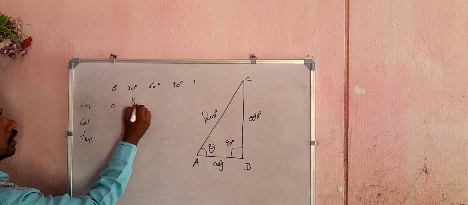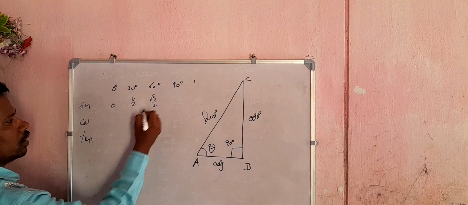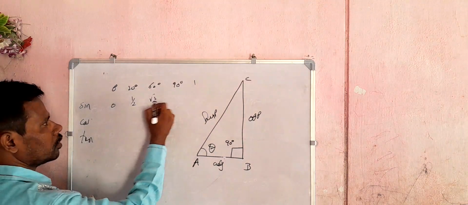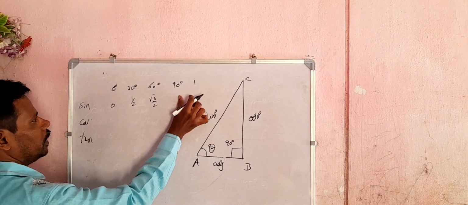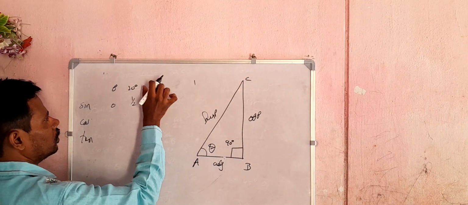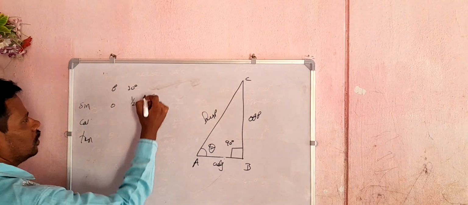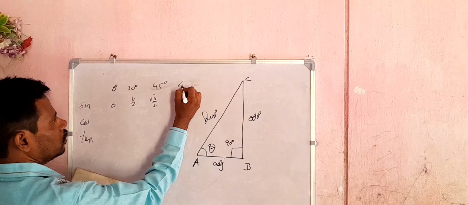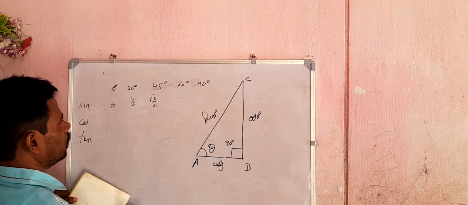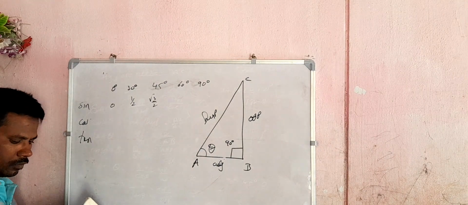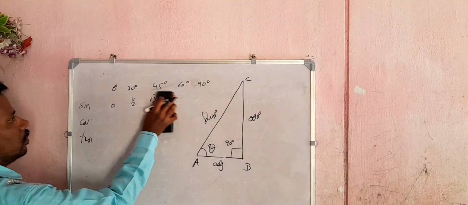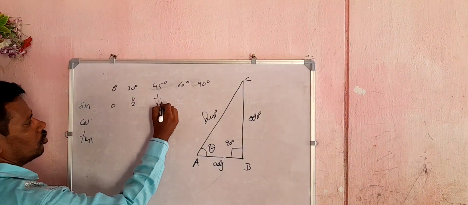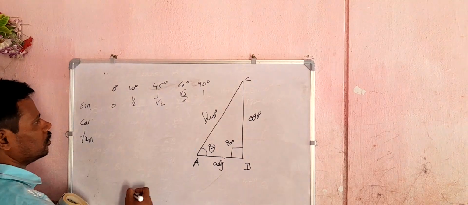Sine 0, sine 30, sine 60 is root 3 by 2. How we got all this, we don't bother; we are just looking at the table and we will do some problems. Sine 45 is 1 by root 2, sine 60 is root 3 by 2, sine 90 is 1.